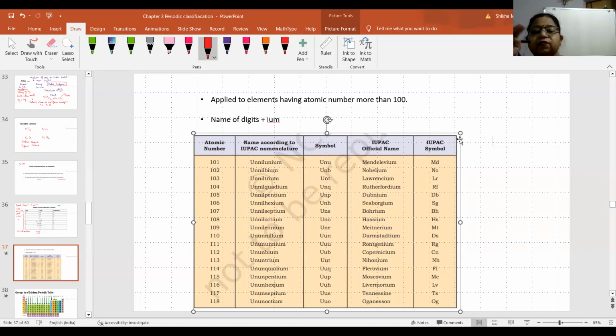And usually the number is between 100 to 120, not more than that, because the scientists have discovered only till 118, right? So you can just remember this and score good marks in this section.